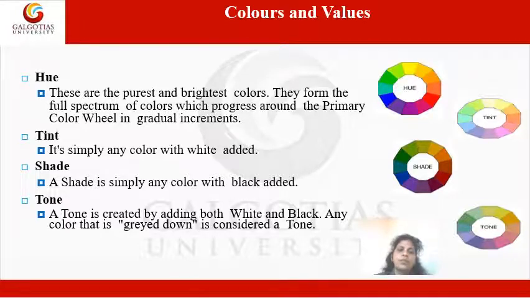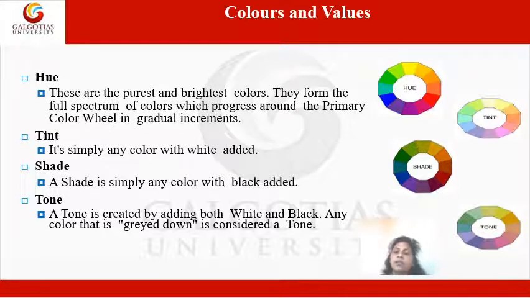Next we have shade. If we want to create the shade of anything, we add black color to any one of them. Means if I want the shade of red, I have to add black color to the hue of red, and I'll definitely have the shade of the red one. Then we have tone.